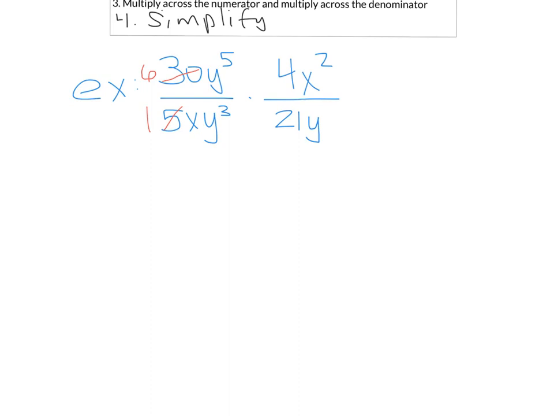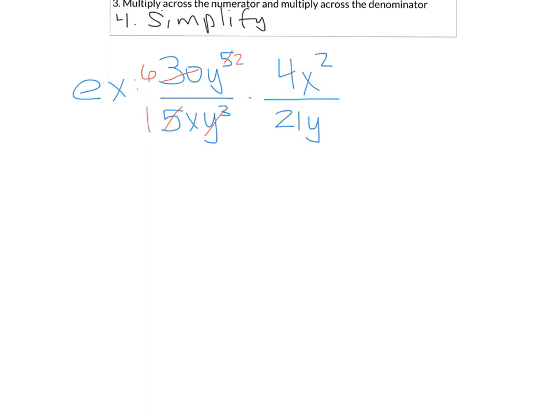And now let's look at the y to the 5th over the y to the 3rd. That y to the 3rd is going to cancel out a y to the 3rd in the y to the 5th, and that's going to make it y squared in the numerator.